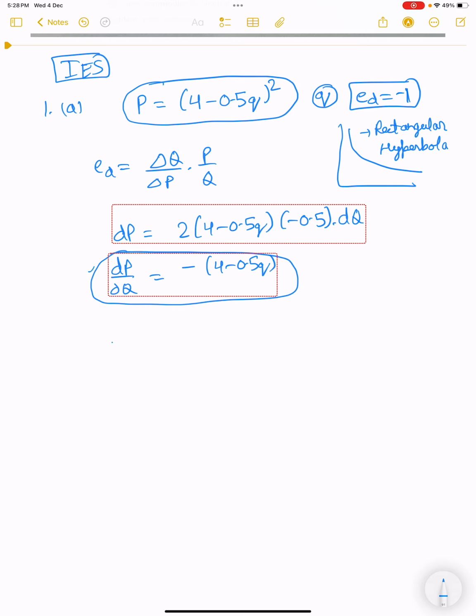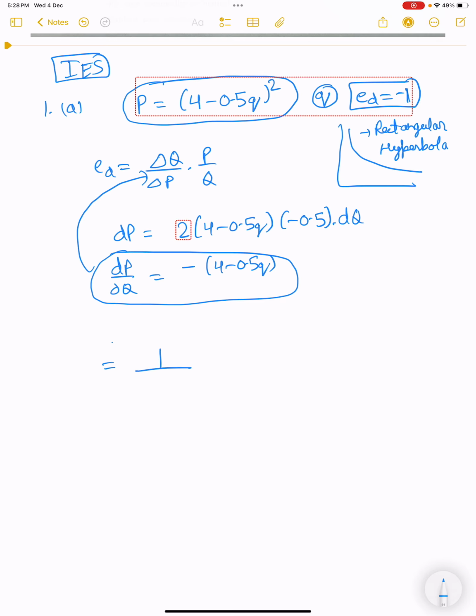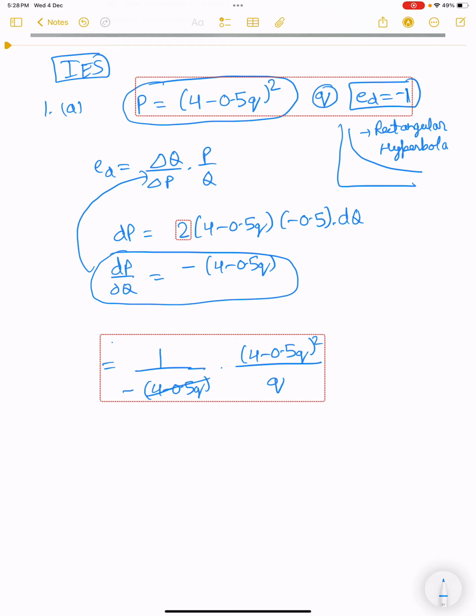So substituting this value, we have 1 upon minus 4 minus 0.5 Q, and price is 4 minus 0.5 Q square, and quantity is Q. So this would cancel out. So this should be equal to -1. So this minus sign would also cancel out.